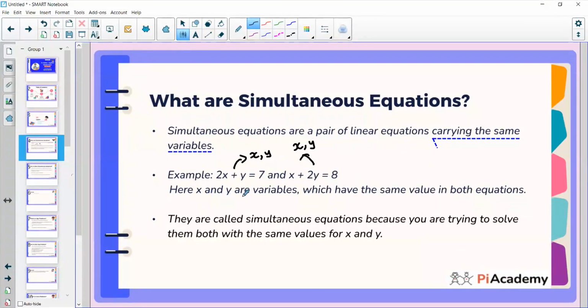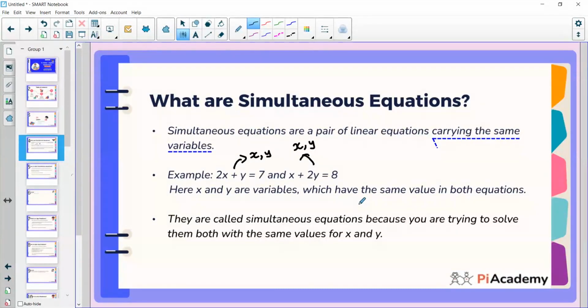As you can see in the example, x and y are variables which have the same value in both the equations. Now, as to why it is termed simultaneous equations: simultaneous means doing 2 or more things together at the same time. That's called simultaneously performing some tasks together, right?